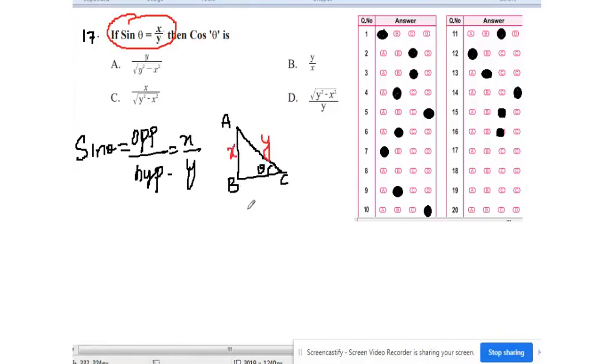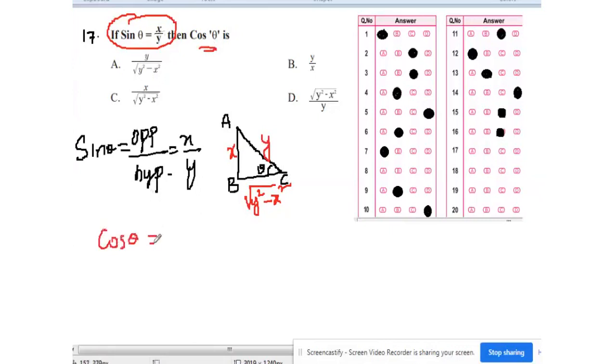So using Pythagoras theorem, we will get adjacent side BC as root over y square minus x square. Simple Pythagoras theorem. Hypotenuse square is equal to sum of squares of other two sides. They are asking to find the value of cos theta.